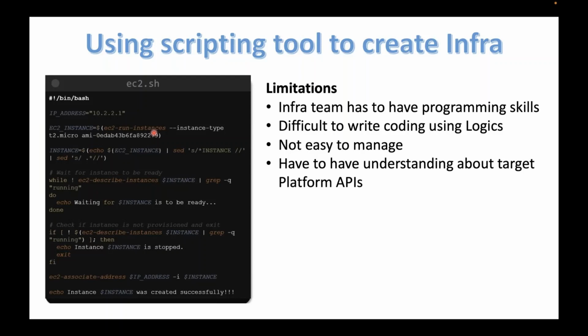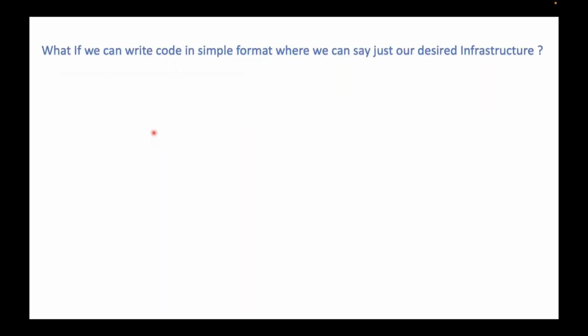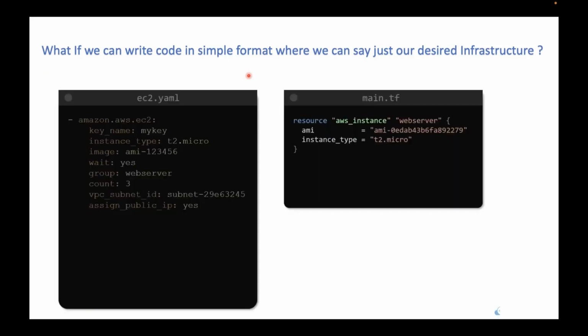So let's assume, what if we can write code in a simple format where we can just state our desired infrastructure like this? Let's say this is a YAML and this is the TF. I will come to the TF at a later point. I hope everyone is aware of the YAML file. This is a human readable format, right?